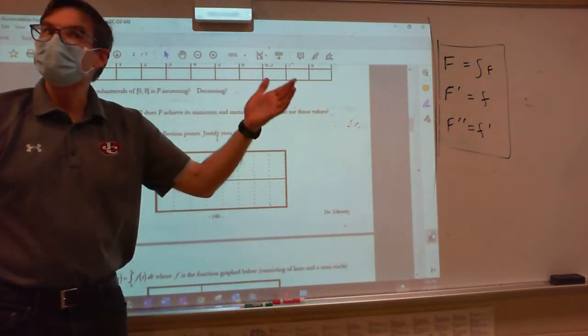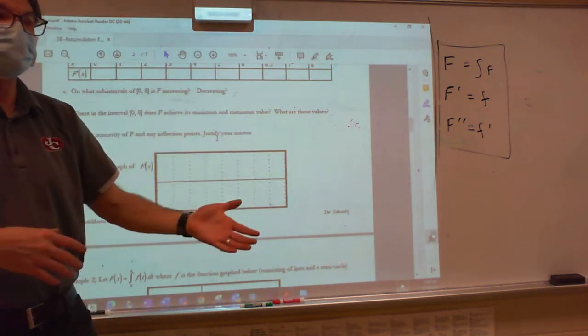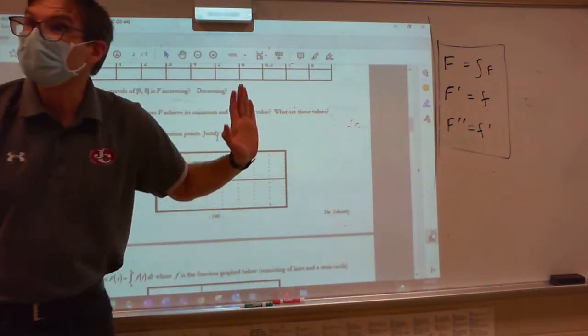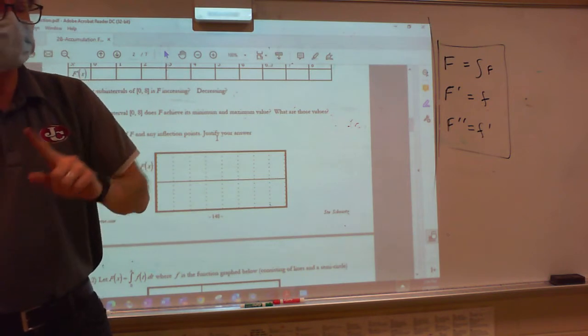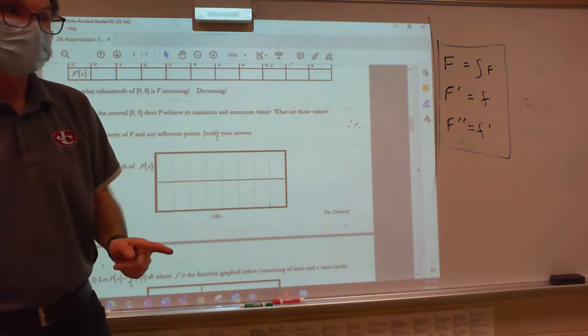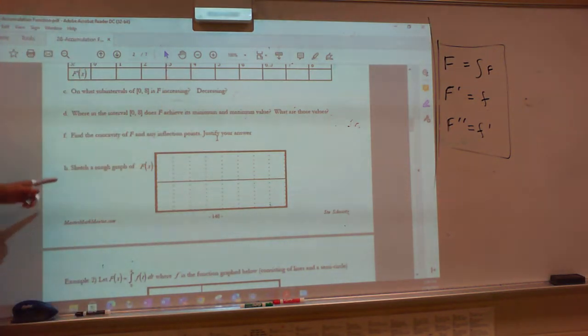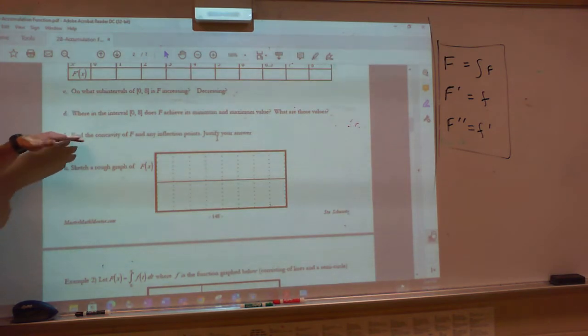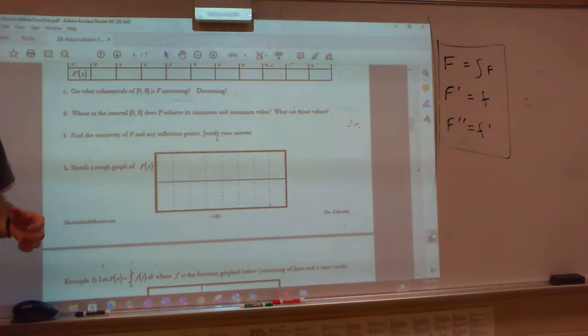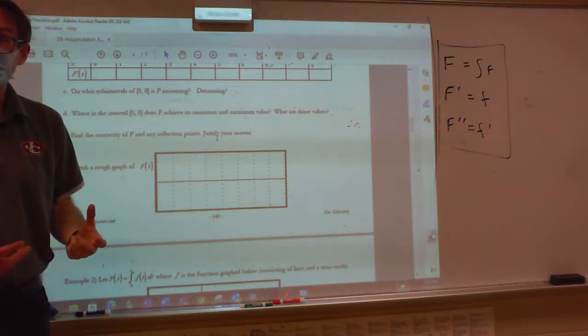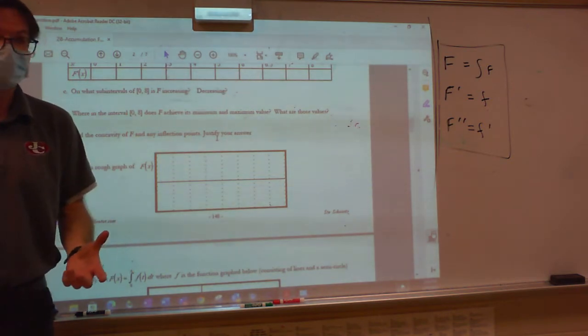Anytime you want to know if something's increasing, decreasing, concave up, concave down, even though they're not going to grade a chart, you draw a chart because it makes your life easier. This question is telling me to draw a chart.